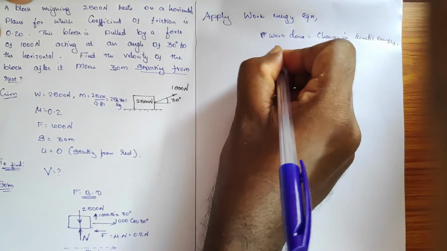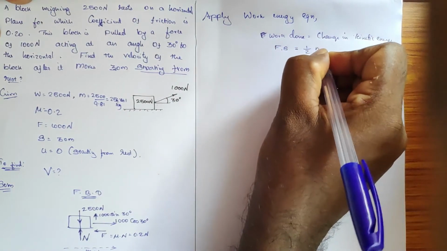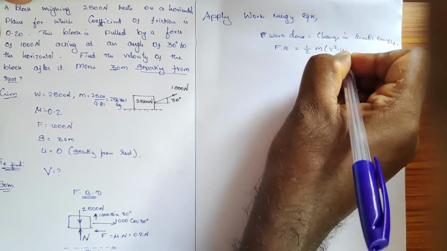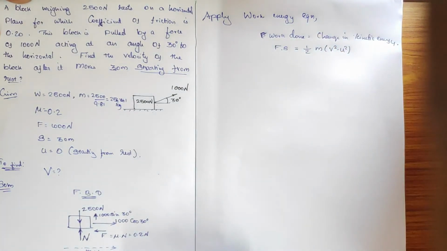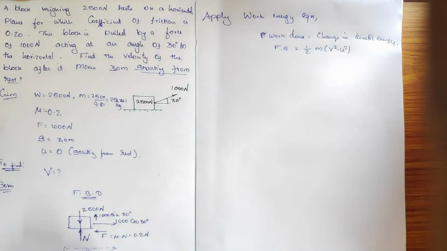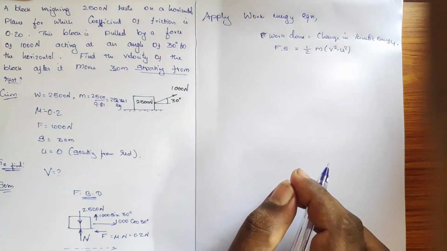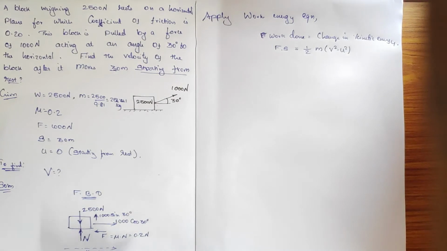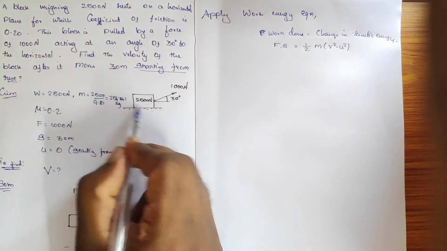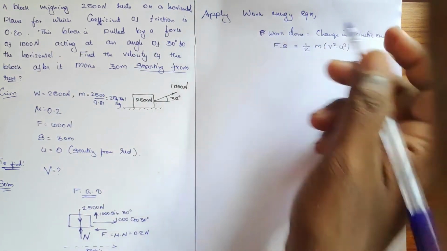Force into displacement is equal to 1/2 mass into v square minus u square, final velocity minus initial velocity. So look at this diagram. The motion is to the right side, so the work done happens in the horizontal direction, right? The motion of the block is horizontal, so the work done happens in the horizontal.